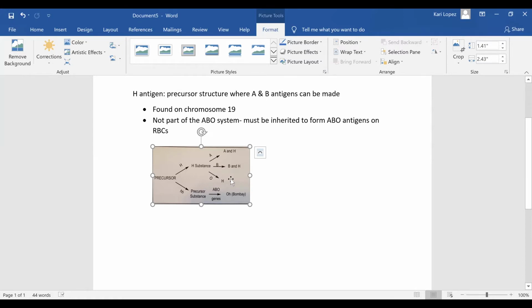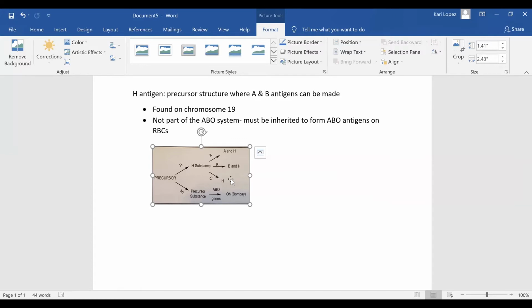And that is why O is a universal donor, because it does not have A and B, but both A and B antigens are also accompanied by the H antigen. So again, if it sees that H antigen, it sees the type O blood as its own self in most cases. However, O does not have the A or B, and so it'll make antibodies for both.